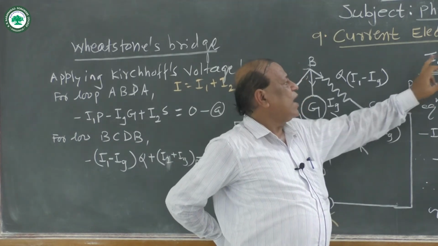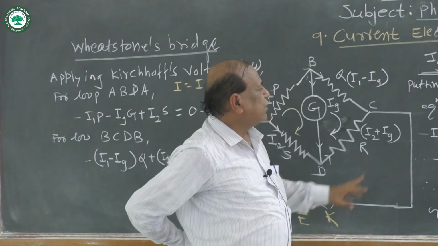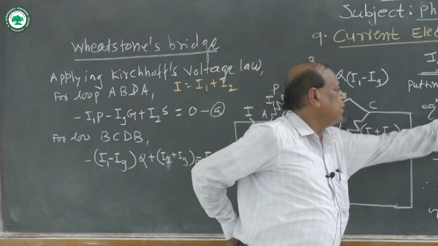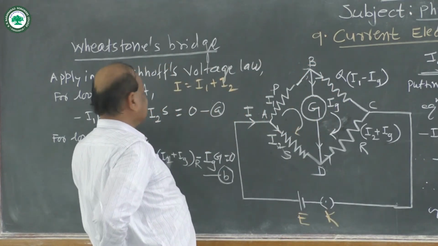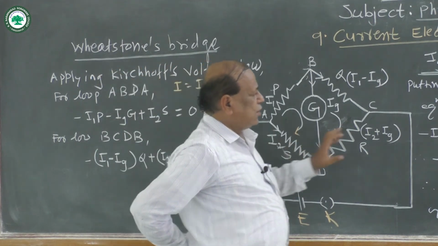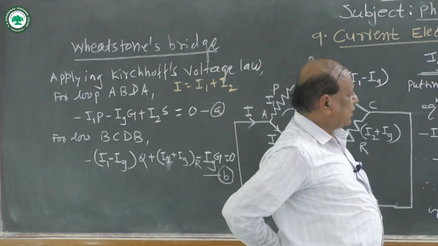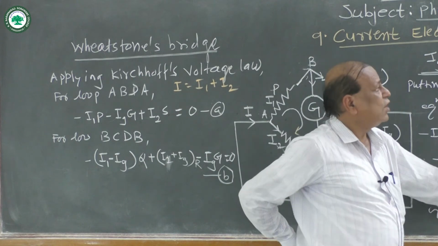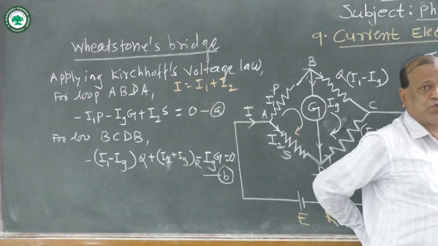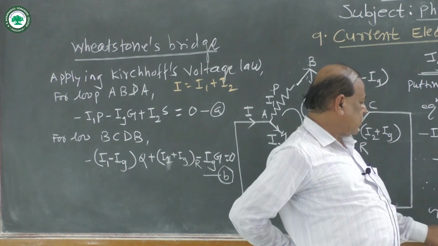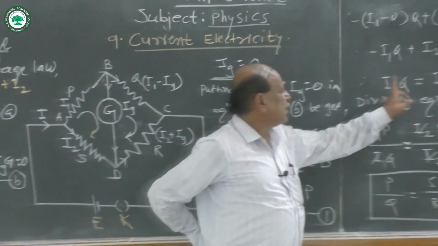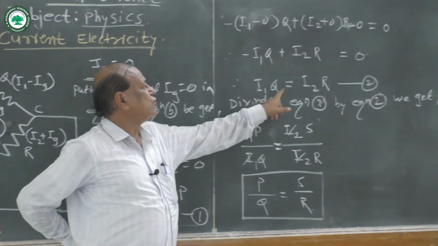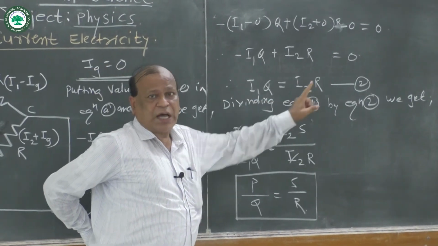Put the value of Ig in equation A and equation B. Means in these two equations, put Ig is equal to 0. Make some arrangement. We get equation 1 and equation 2 here. What is equation 1? I1P is equal to I2S and equation 2: I1Q is equal to I2R.